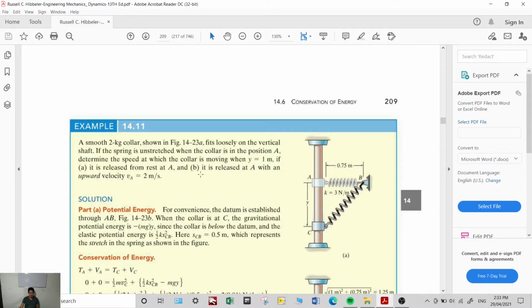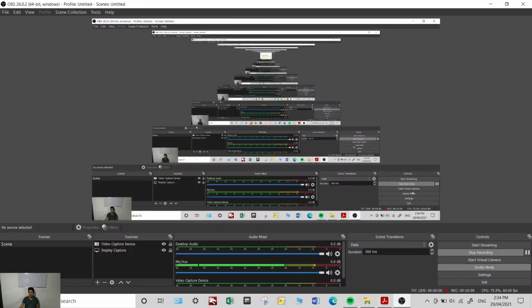Determine the speed at which the collar is moving when y is equal to 1 meter. So when your object goes down 1 meter, what is the velocity? A: if it is released from rest at A, and B: if it is released at A with an upward velocity of 2 meters per second.